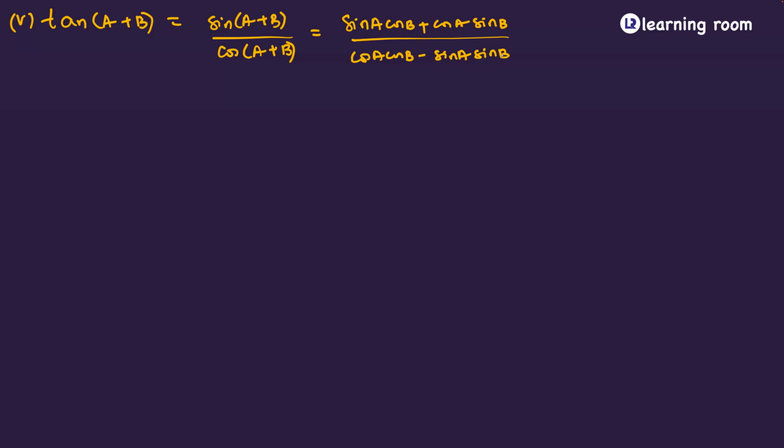Sine is a combination of sine and cos, and similarly cos of a plus b is a combination of cos and sine. But what we will do is convert it as a function of tan itself. I don't want sine or cos to exist. I want only tan to exist.